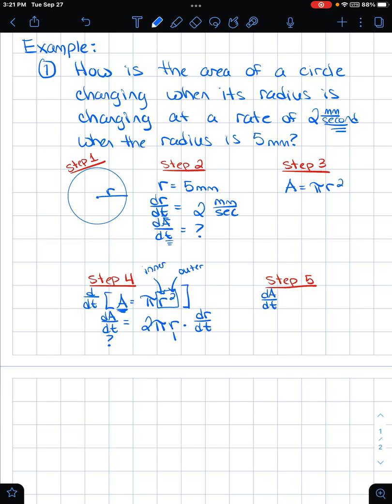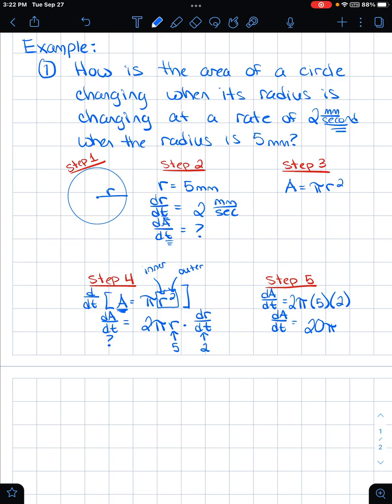We know R in this instance is 5, and we know dr/dt is 2 millimeters per second. So if I replace all of this, it's 2 pi, the radius is 5, dr/dt is 2. So the area is changing. 2 times 5 is 10, 10 times 2 is 20, 20 times pi. 20 pi is how the area is changing.